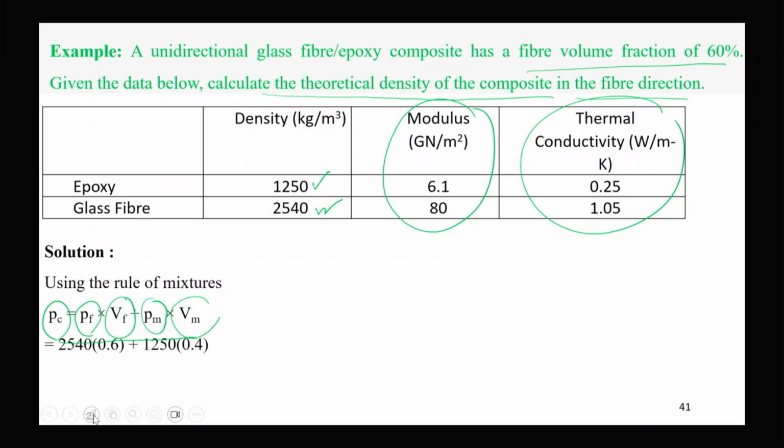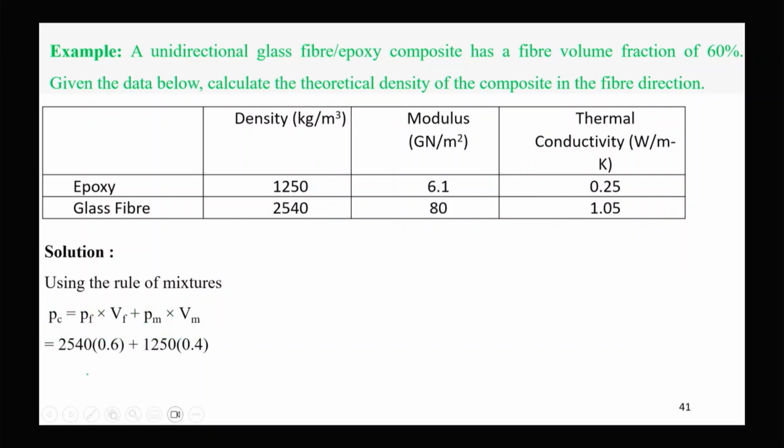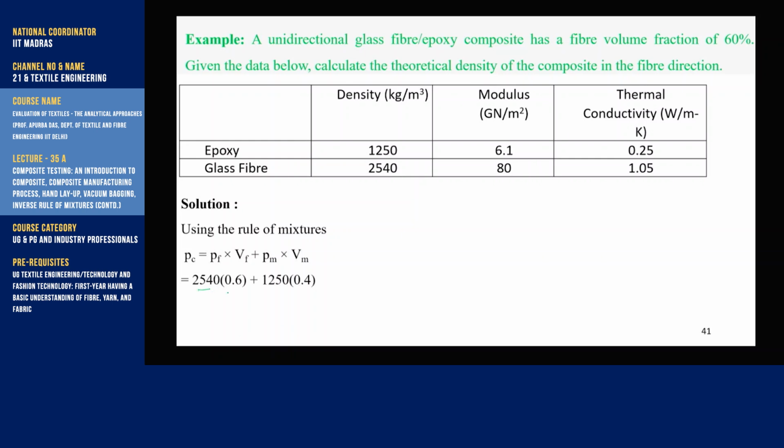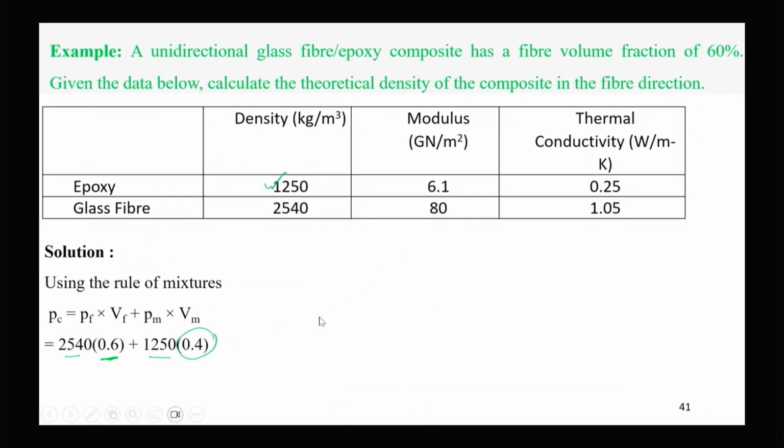By solving this equation, we replace the density of fiber, 2540, multiplied by fiber volume fraction 0.6, plus 1250, the density of epoxy, multiplied by volume fraction of matrix 0.4. So we get 2024 kg per cubic meter as the density of composite.